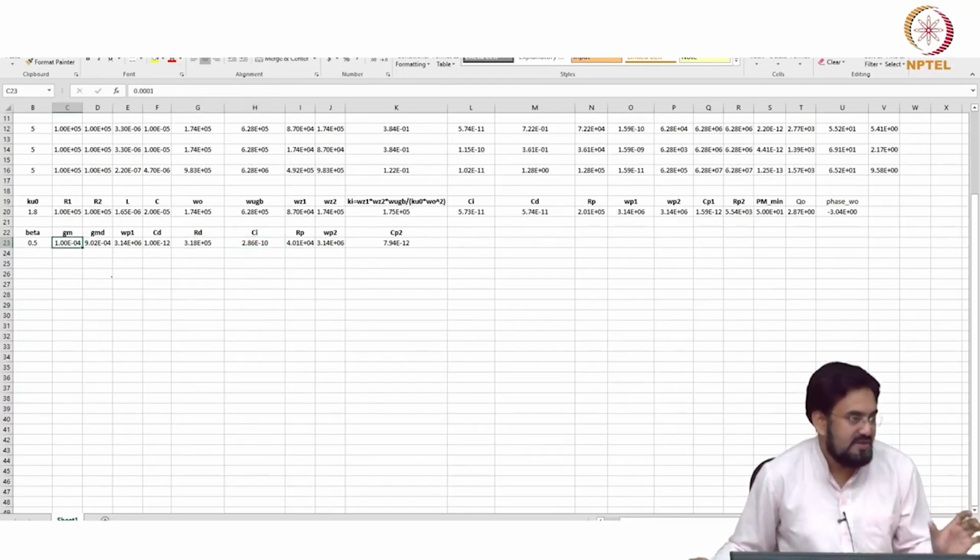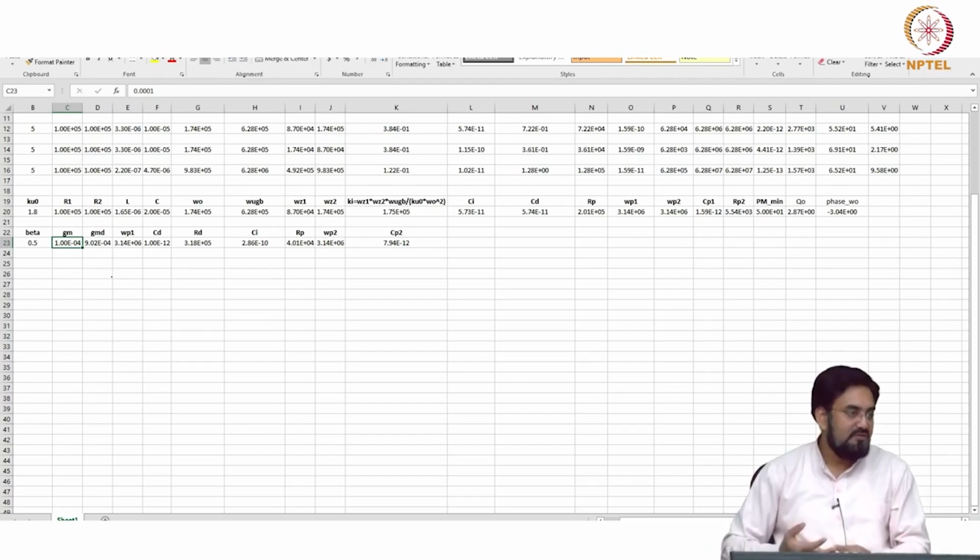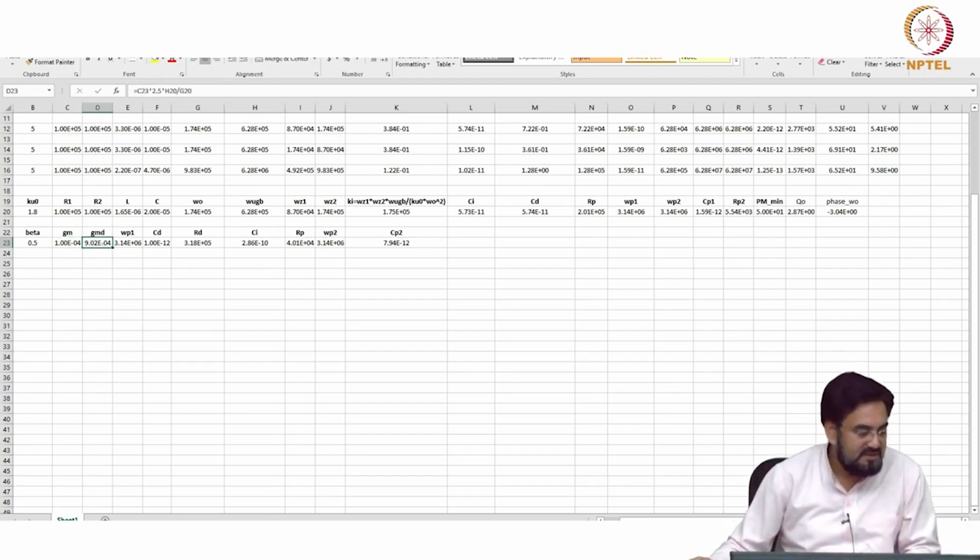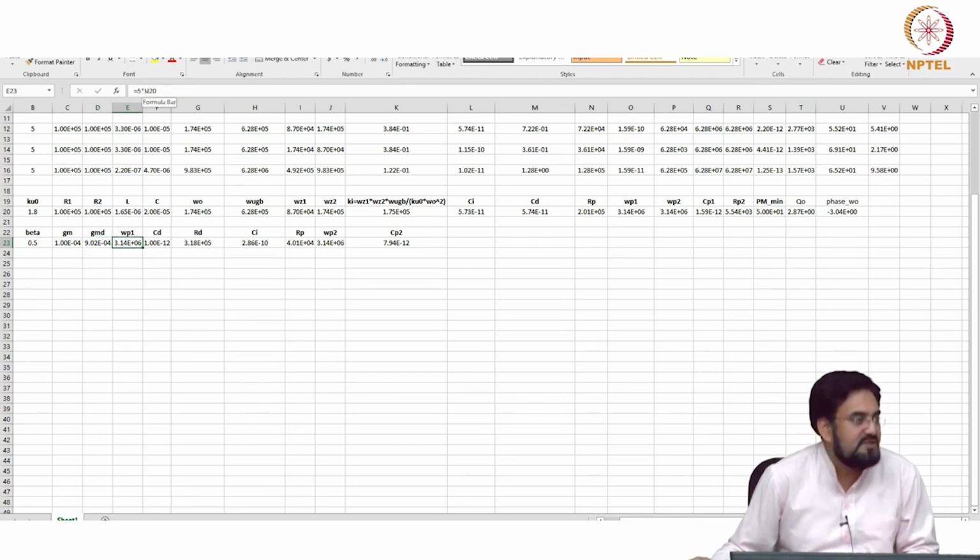GM by default you can choose some value, 100 micro, 1 milli, whatever, and that will decide GMD too. Omega P1 is nothing but that pole, so I am keeping that at 5 times UGB, and then CD.